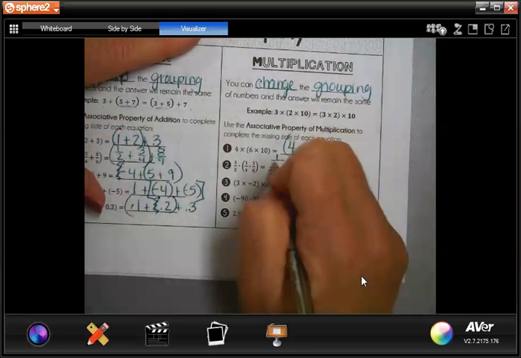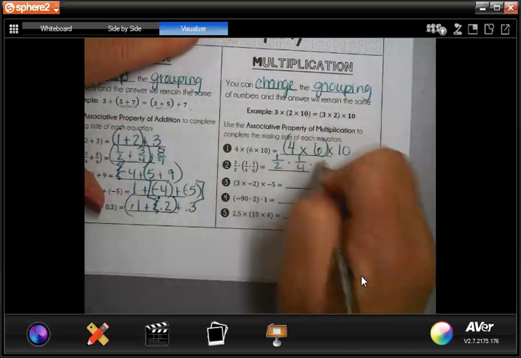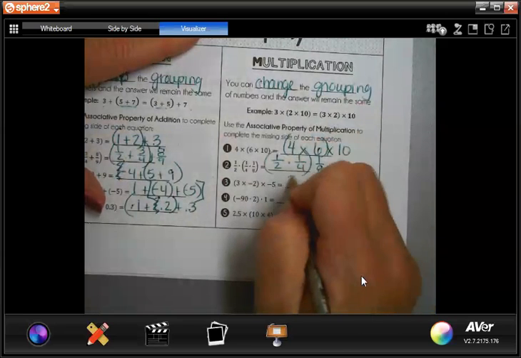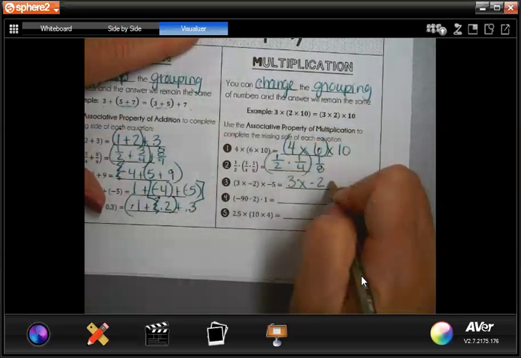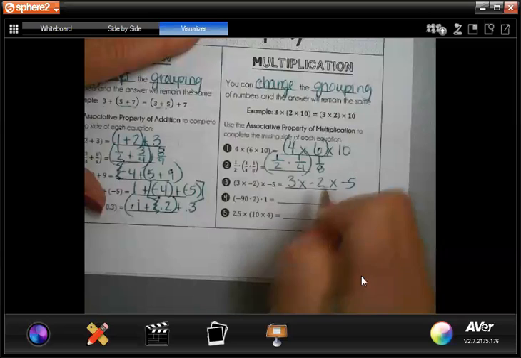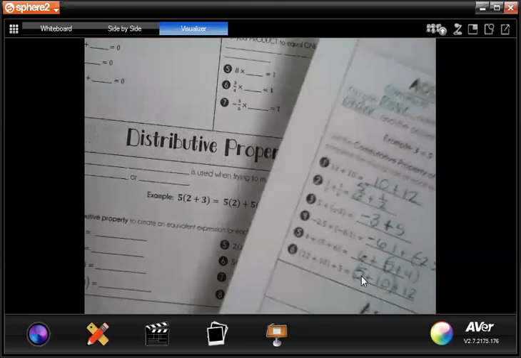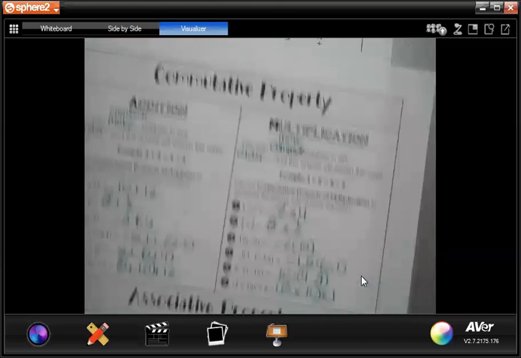Keep the order the same, but we group these instead. That is just how we talk about the commutative property.